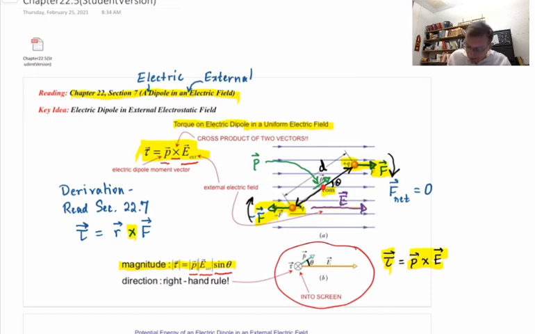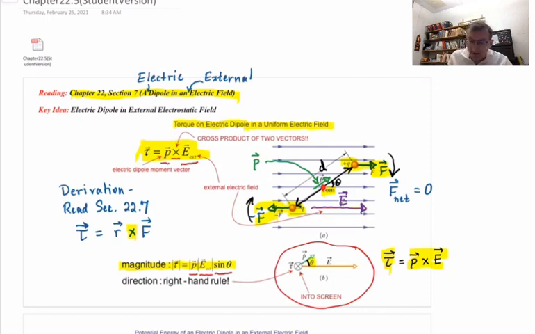That's the theta right here in our drawing. And the theta can range between 0, that would mean P and E are exactly aligned, all the way to 180, where P and E are exactly opposite. That's the range of theta.